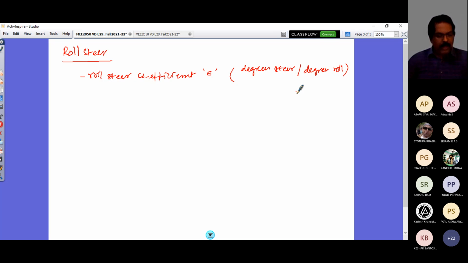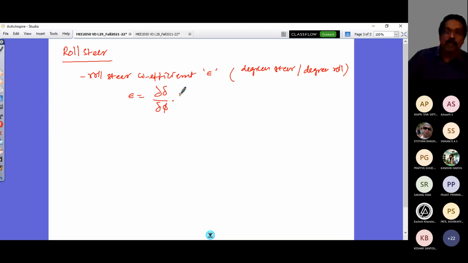How can I put that? I would define this as equal to degree steer by degree roll, so it is ∂δ/∂φ, roll rate, into roll angle.